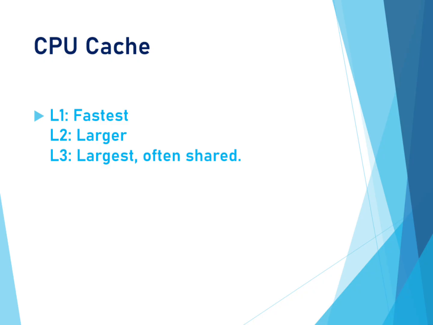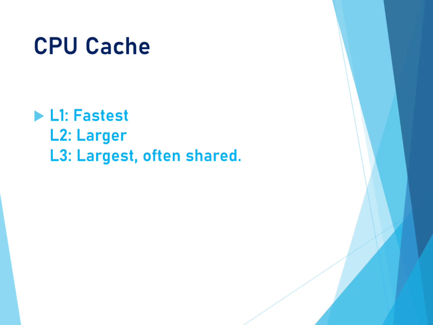Instead of retrieving the same data repeatedly from RAM, the CPU first checks the cache. Since cache memory is much faster than RAM, this improves the computer's performance. There are three levels of cache, L1, L2 and L3, that we have seen in the previous lesson. In many processors, L3 is shared by multiple CPU cores.